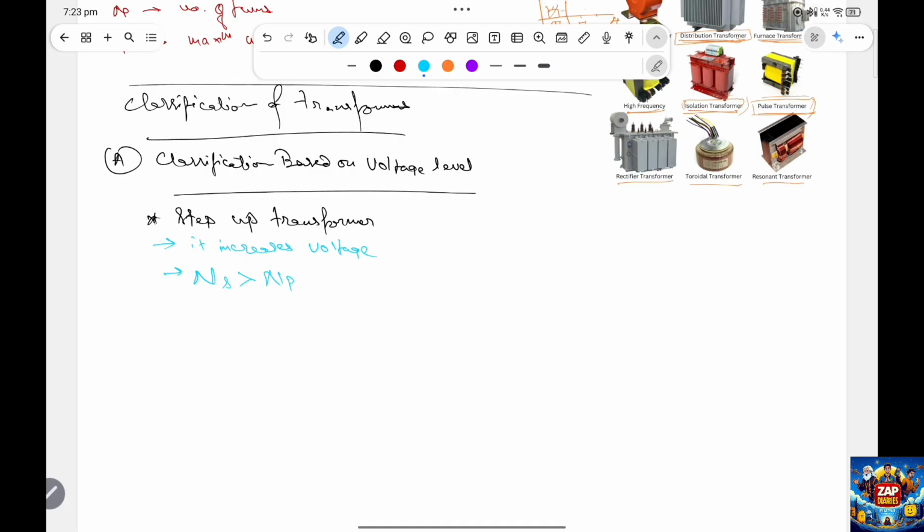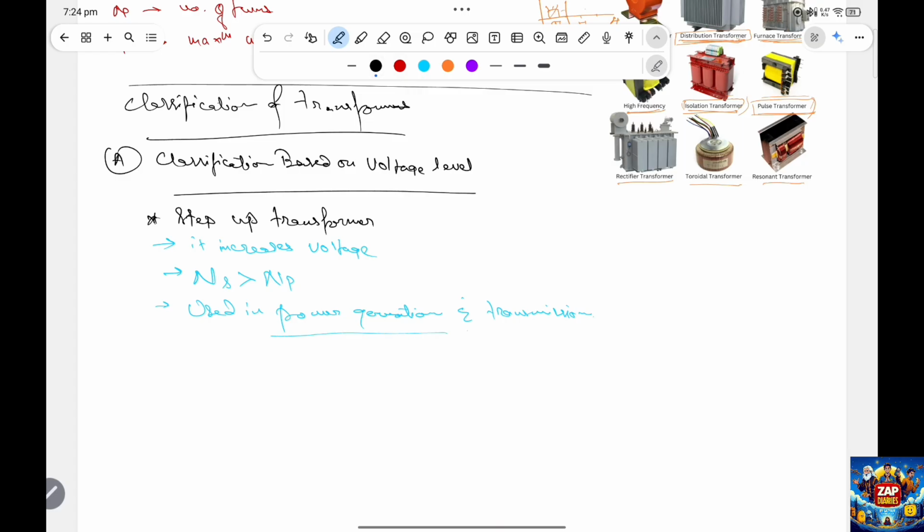And where it is used: in power generation and transmission. This is the application.